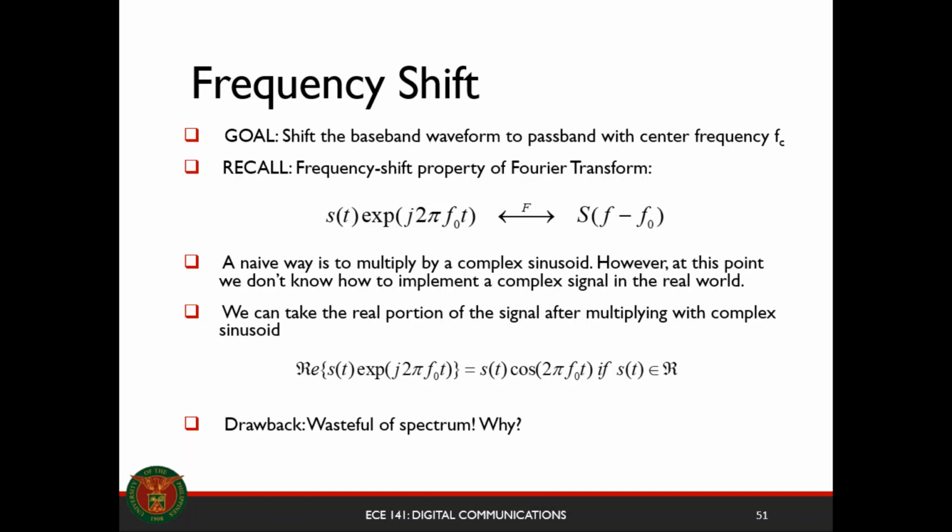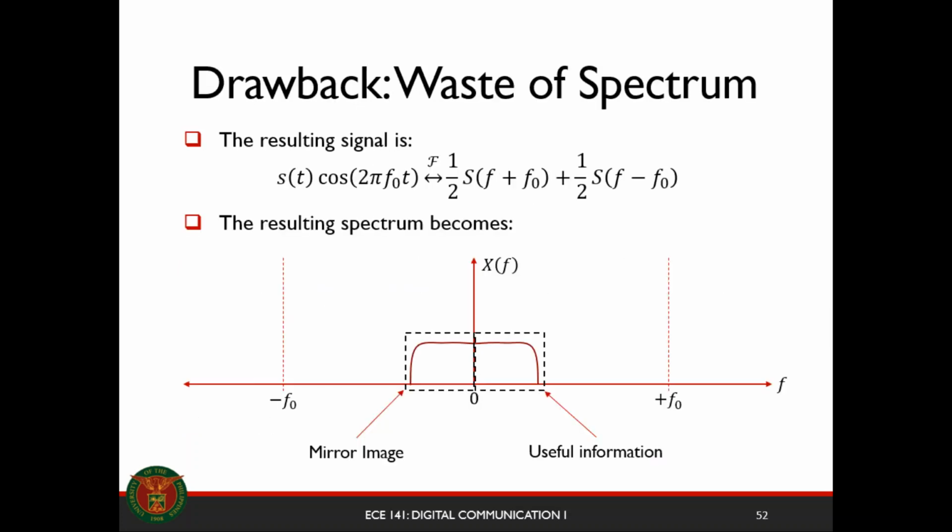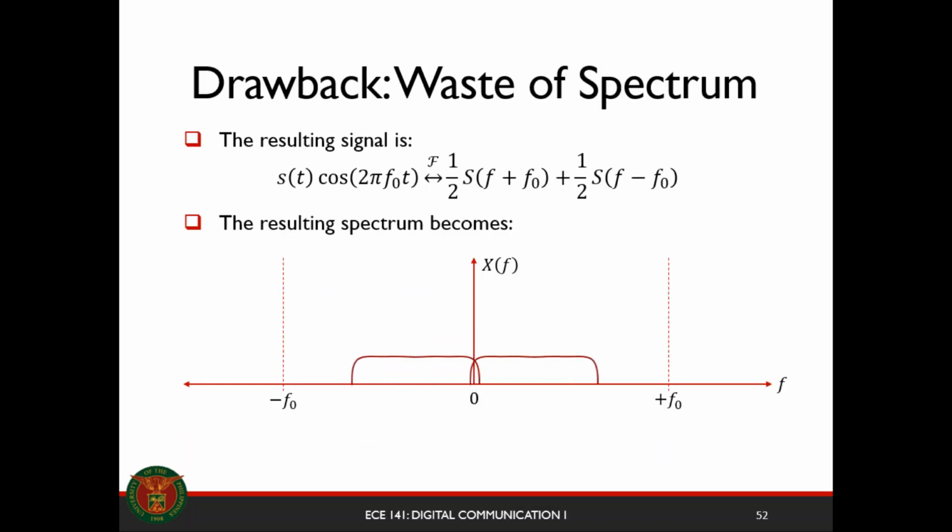Right? So the best way is to just multiply by a cosine, because we cannot realize a complex sinusoid in the real world. However, it's wasteful of spectrum. The resulting signal becomes this.